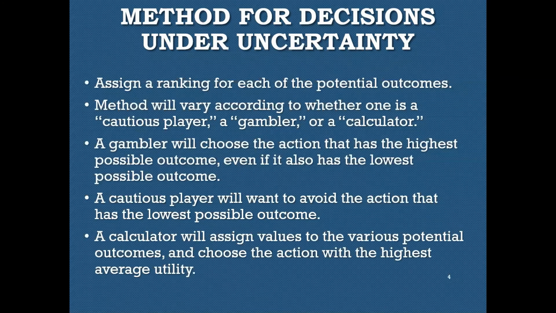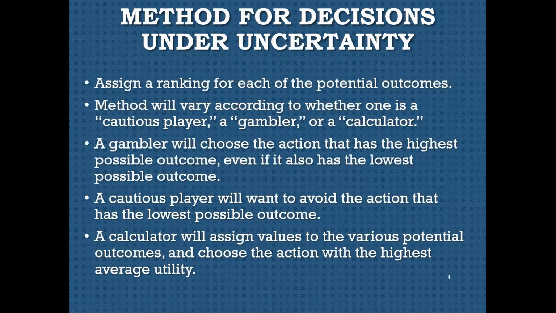A calculator, and this is going to be the more interesting situation, and the one that I would recommend taking typically, is going to be the person who can assign values to the various potential outcomes and then choose the action with the highest average utility.